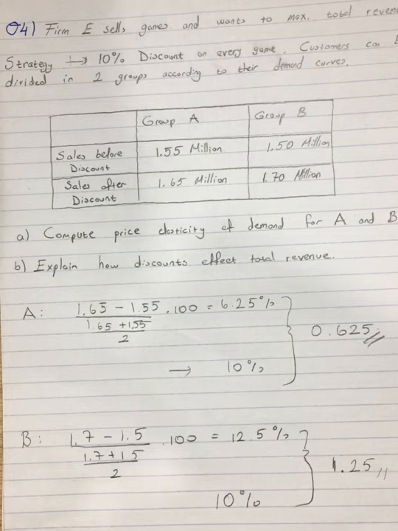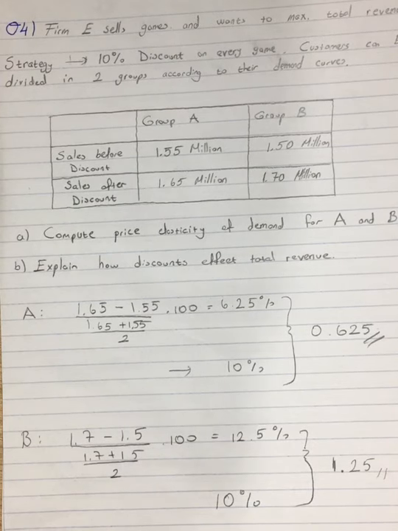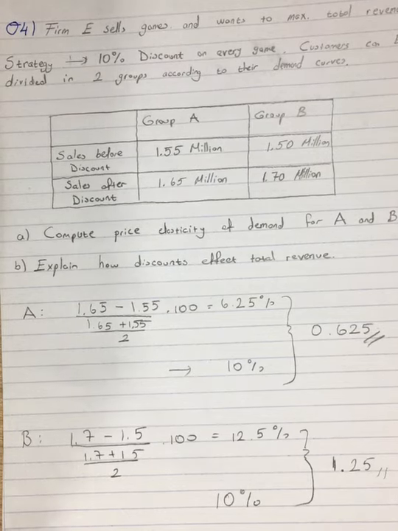In our case, there is a decrease in the price. So, in this case, what can we say about group A? Group A doesn't react much to this discount. So we shouldn't make discounts for them because they don't care about the discount. They're inelastic. What can we say about group B?